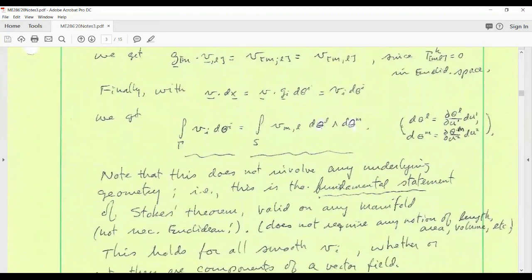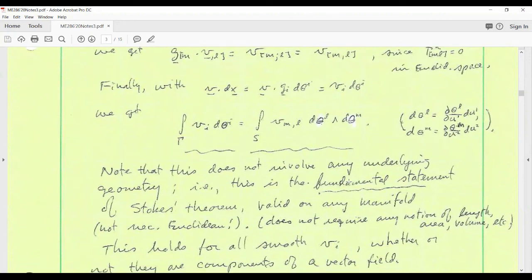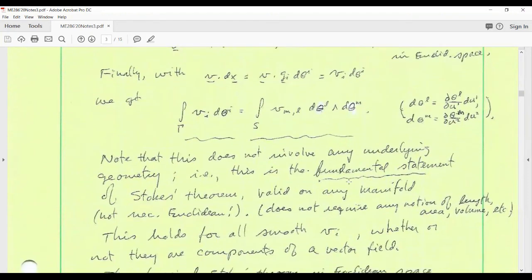And in fact, it's the fundamental version of Stokes' theorem, which is valid because there's no restriction to any geometry here. It's valid on any manifold whatsoever, Euclidean, non-Euclidean, doesn't matter. And if you're interested in pursuing differential geometry further, you would eventually study the calculus of differential forms, so-called.